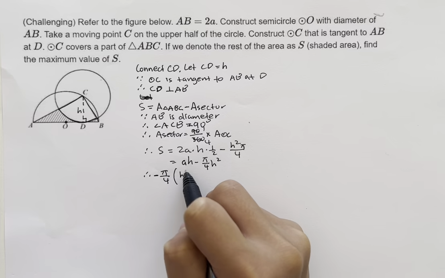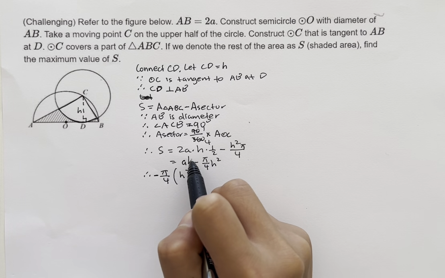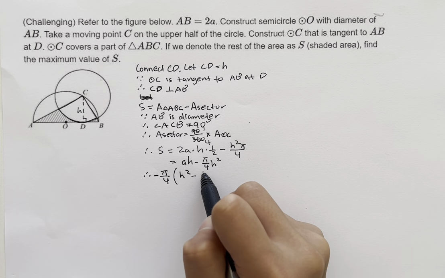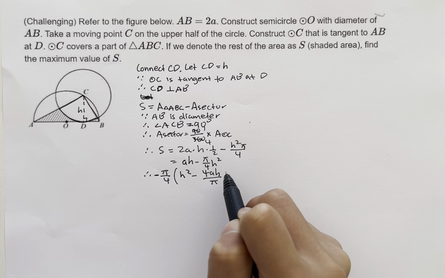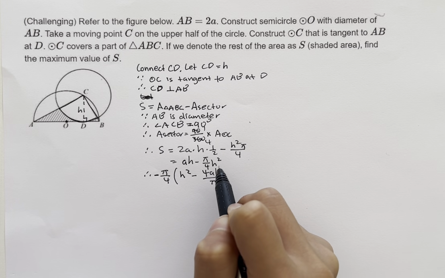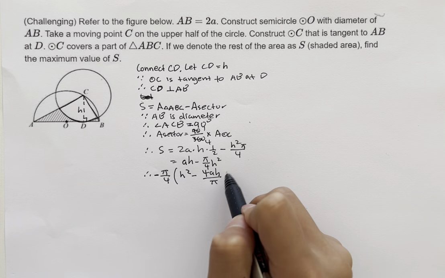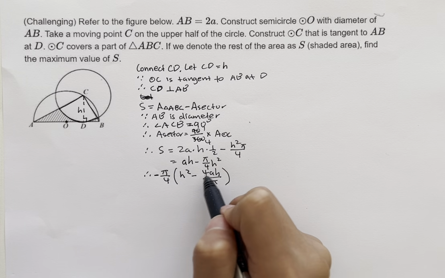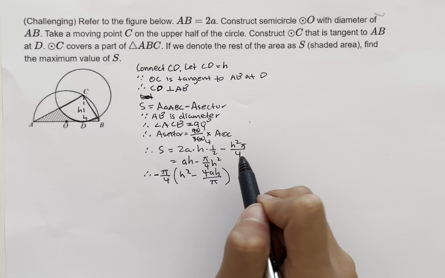So h squared minus, and now we don't want to change the value of this expression. So this is going to be 4ah over pi. We basically multiplied ah by negative 4 over pi. So if you do the distributive property, negative pi over 4 times negative 4 over pi equals 1. So a negative and negative sign cancel out.